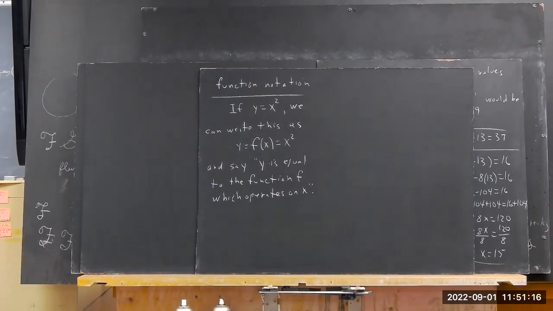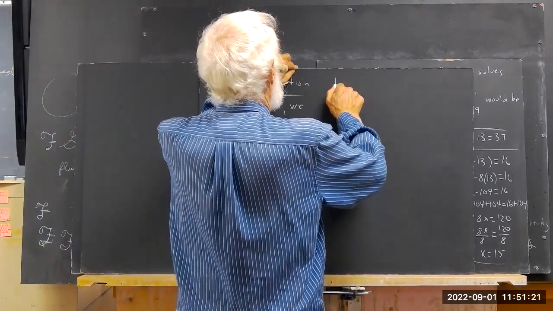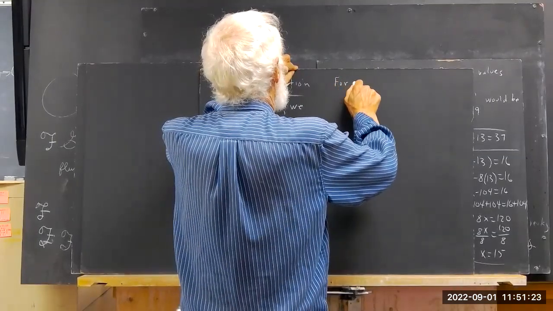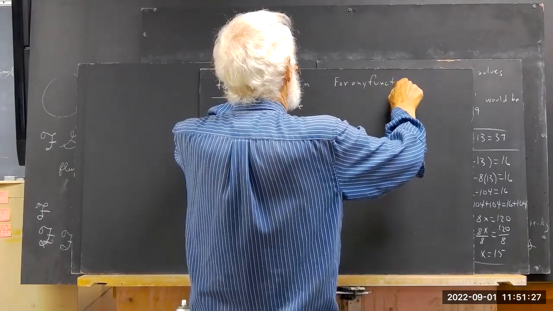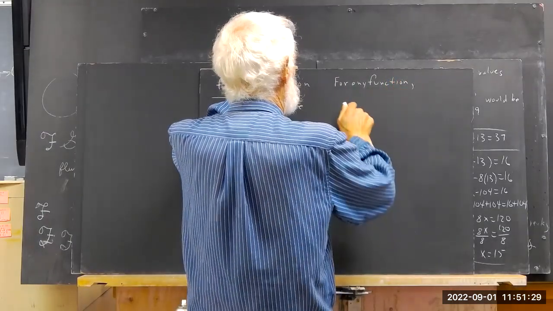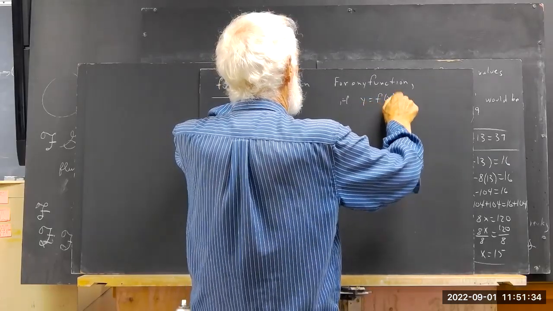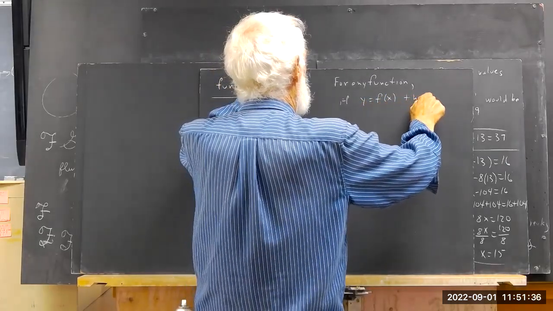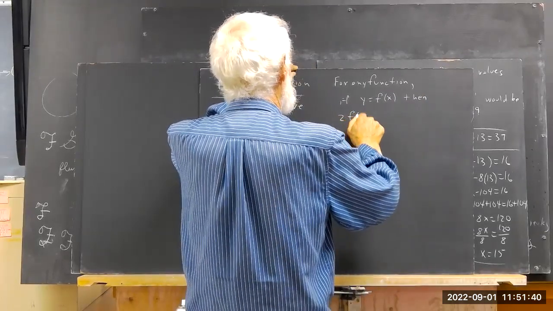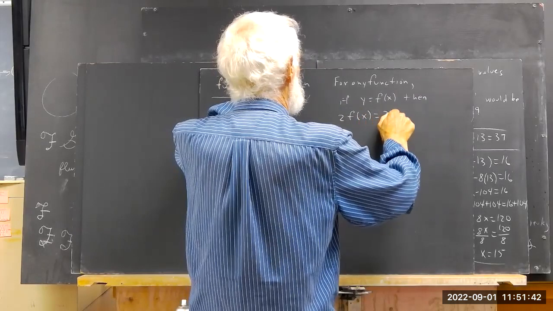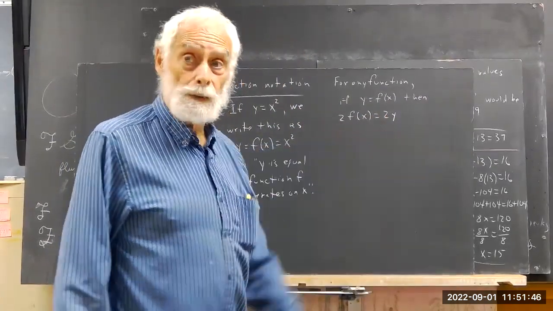So we can say for any function, for example, if y equals f of x, then 2 times f of x equals 2y.